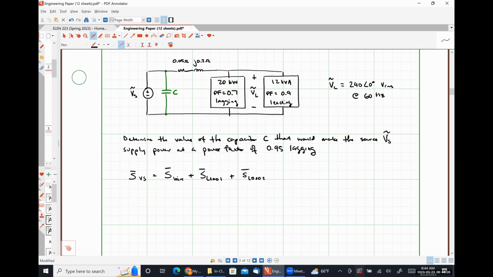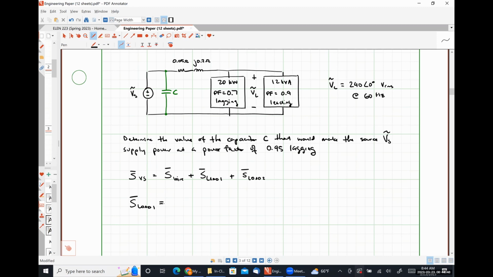Okay. So how am I going to figure out the complex power absorbed by load 1? What do I know about load 1? Power factor and the average power.